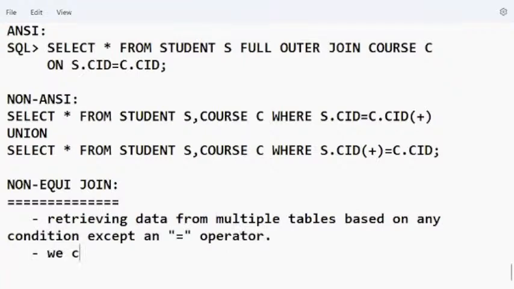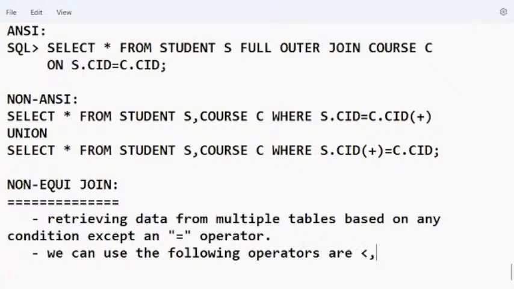Okay, which kind of operators can we use? We can use the following operators. I can use less than operator, greater than, less than or equals to, greater than or equals to, not equals to.